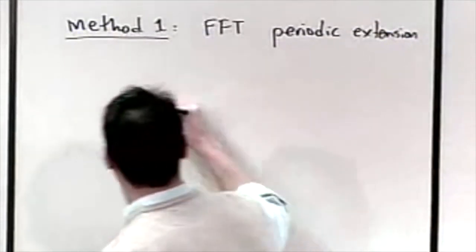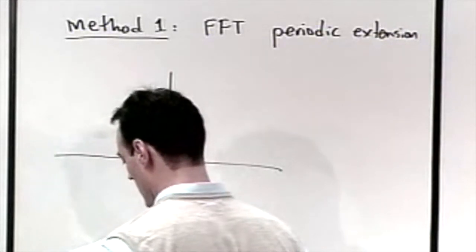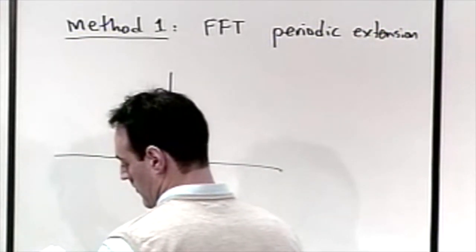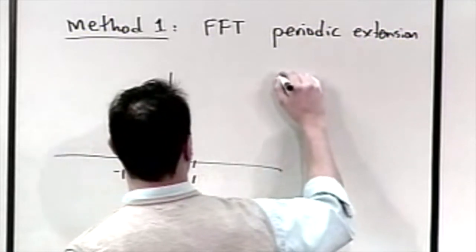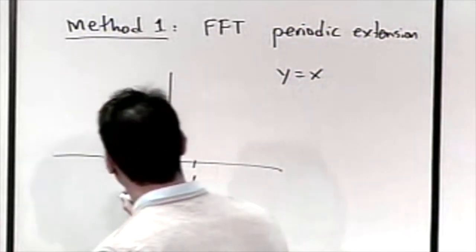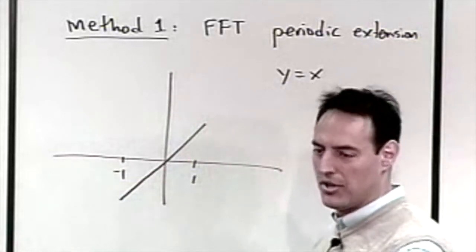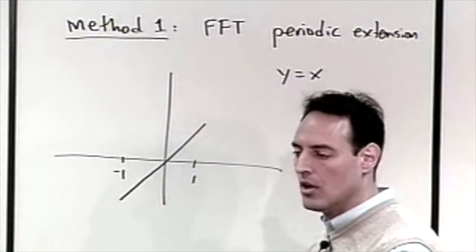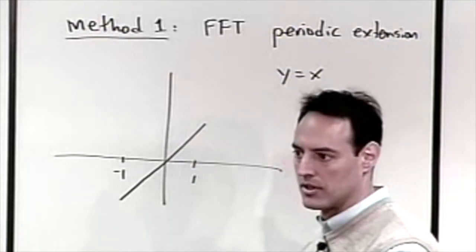So what this does, it says, okay, suppose I have a function. And my function is, I don't know, let's go from -1 to 1, and my function is y equals x. Clearly not a periodic function. Okay. Fourier, in the early days of Fourier theory, said, okay, what do I do with functions like this?